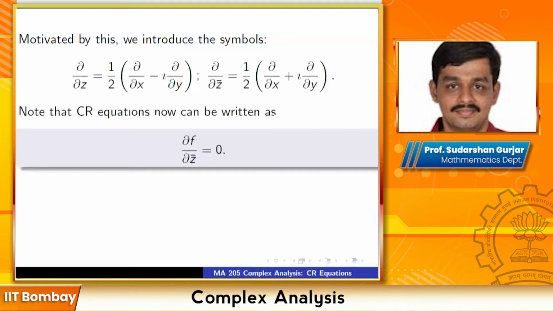So now, using these symbols, the Cauchy-Riemann equations can be rewritten as del f by del z bar equal to 0. The content of both Cauchy-Riemann equations is in this del by del z bar equal to 0.